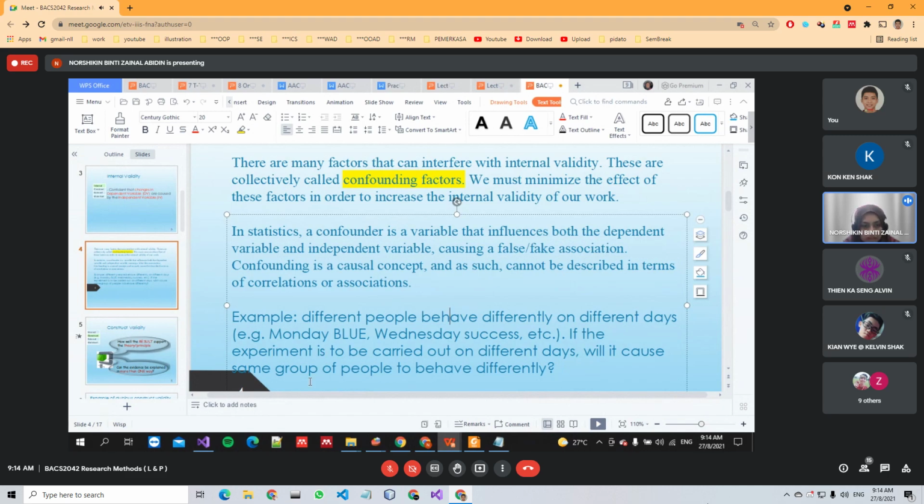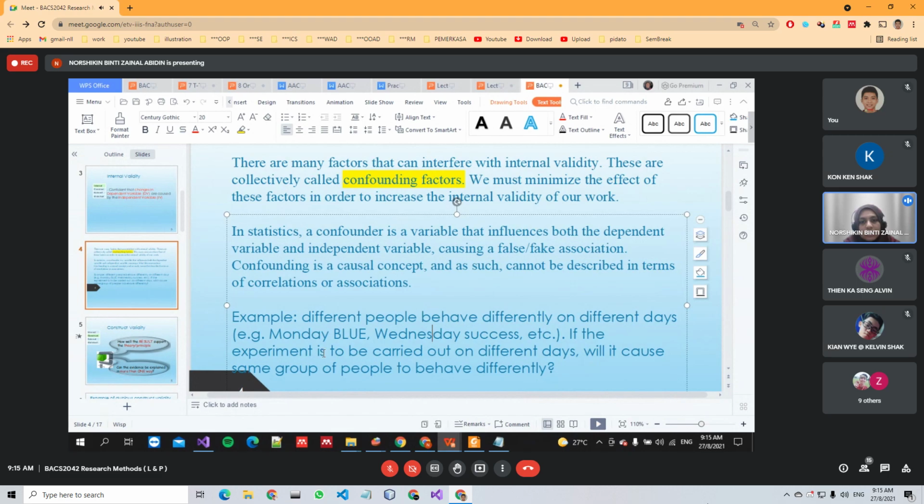Here is an example. Different people behave differently on different days, for example Monday blues, Wednesday success, etc. If the experiment is to be carried out on different days, for example we want to observe the behavior of the same people on Monday and on Wednesday, will the result still be the same if we conduct the observation on a day other than Monday or Wednesday?